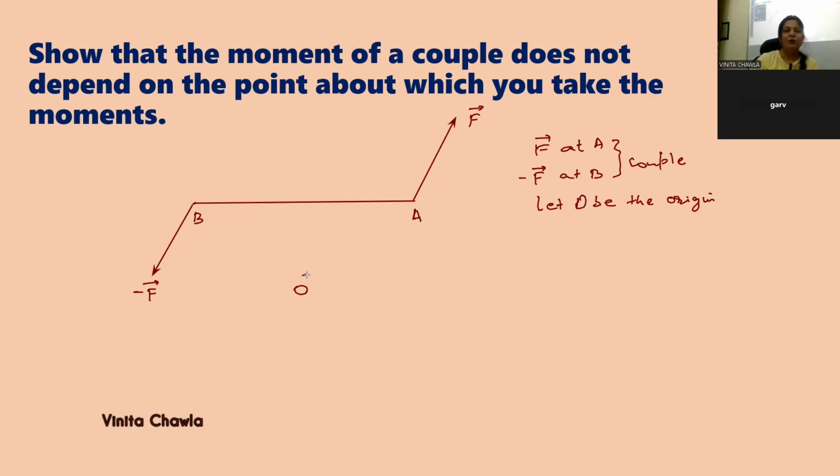The position vector of point A from O can be drawn like this, and of point B like this. Let this be vector R1, and this is vector R2. These are the position vectors taken from O. So vector OA is vector R1 and vector OB is vector R2.